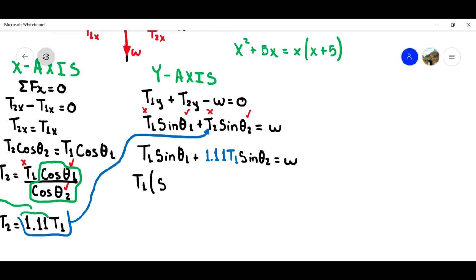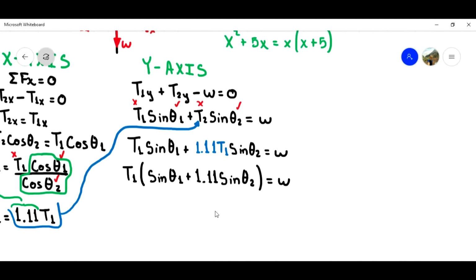So this one is sine of the angle of the tension 1 plus 1.11 times the sine of the angle of the tension 2 equals the weight. And I repeat, this is a multiplication. Tension 1 is multiplying this term, and I'm going to have this term over here. Tension 1 multiplies this term over here, and I'm going to get this term above. That is just a factorization that is called the common factor.